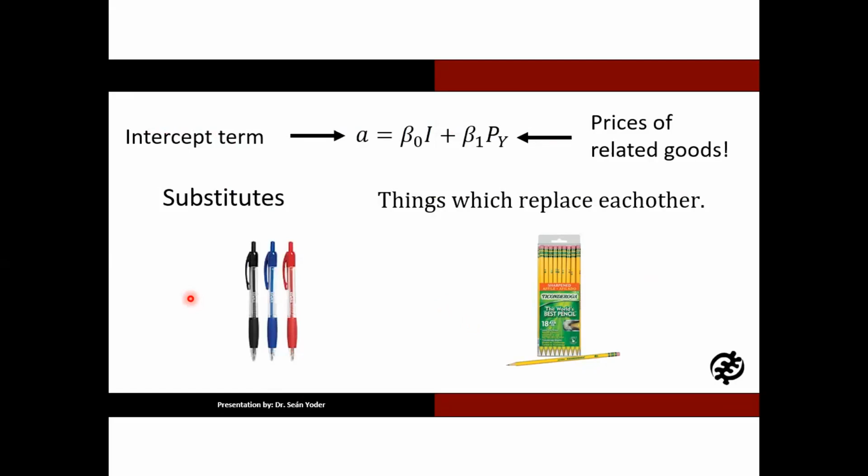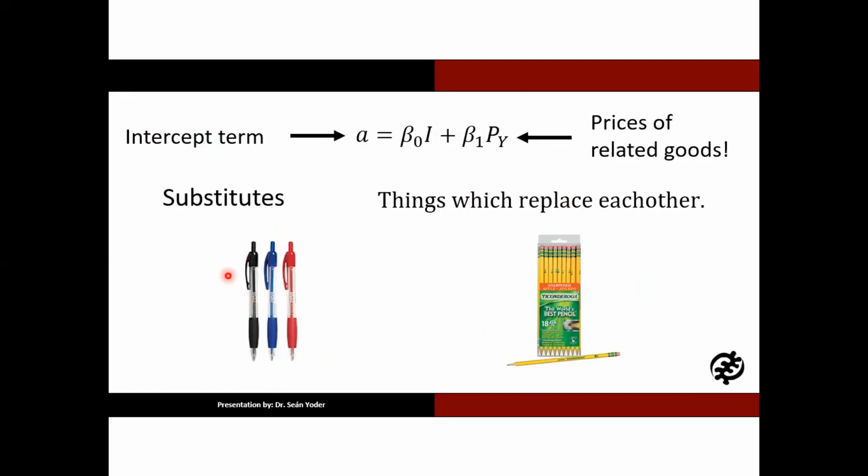By contrast, if I showed up and pencils were their normal price for a pack of pencils and pens were only a penny, I'd probably buy the pens. So notice how much I demand pencils depends on what the price of pens is. If the price of pens goes up, I demand more pencils.